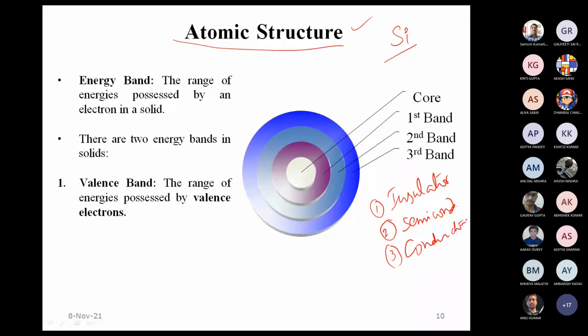An insulator is that element which does not allow electricity to conduct through it. That is that simple. A conductor is that element which allows current to flow through it, whereas a semiconductor lies in between insulator and conductor.